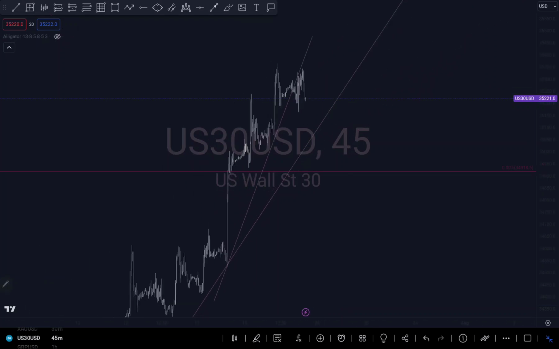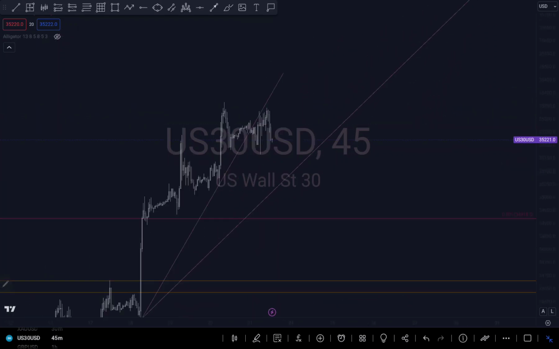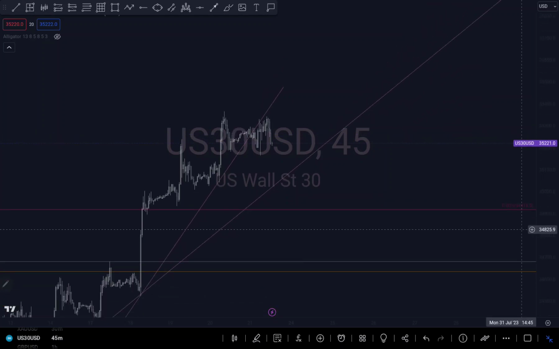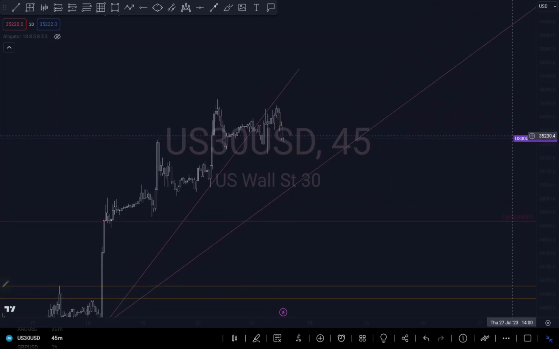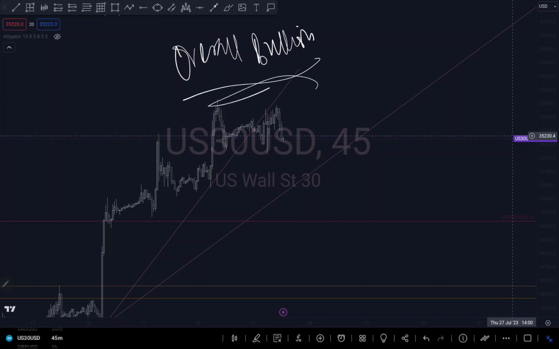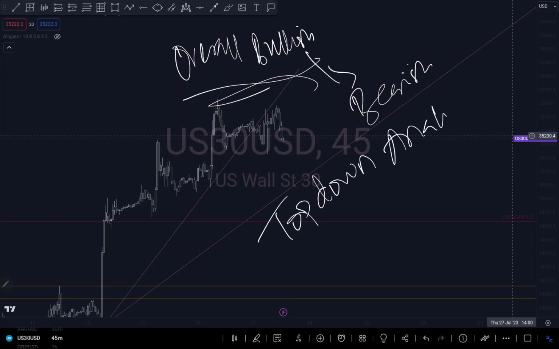Based on this trend line, we can see that even though we are overall on a bullish move, there are still corrections around that bullish move, which are bearish moves. That is why it's always good for us to do a top-down analysis, to know the overall picture of the market so we won't go against the trend.